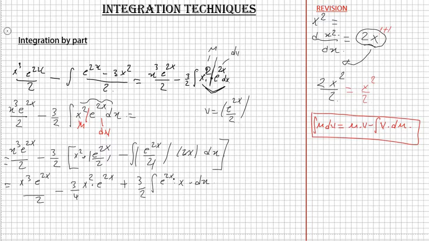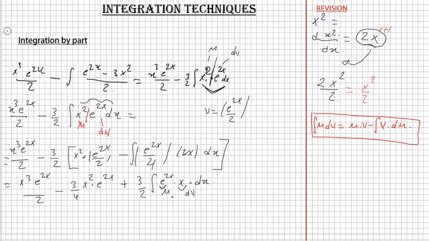So again I'm gonna integrate what is on the right hand side of the integral sign, and I will still apply the integration by parts because I still have the product of a function and the derivative of a certain function. So this is u, and I'm gonna call that the derivative of v.